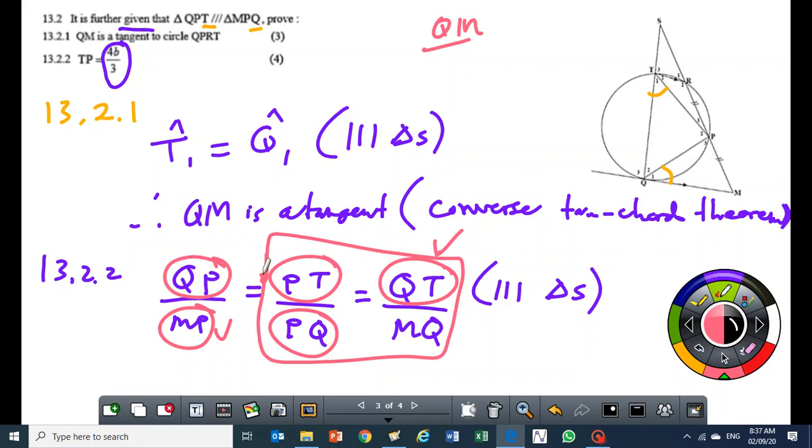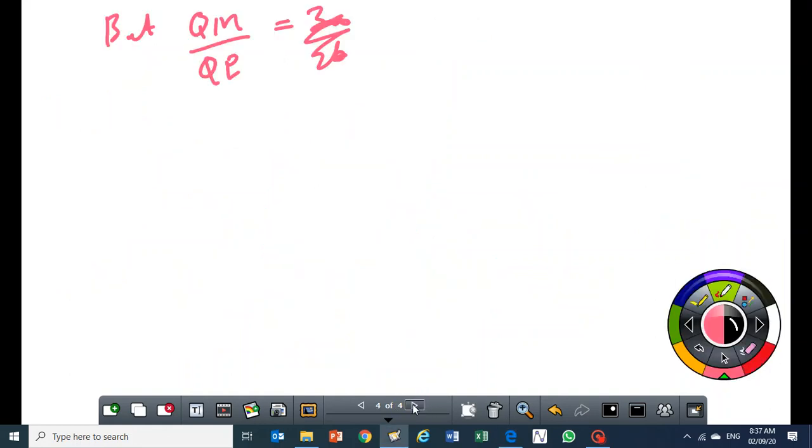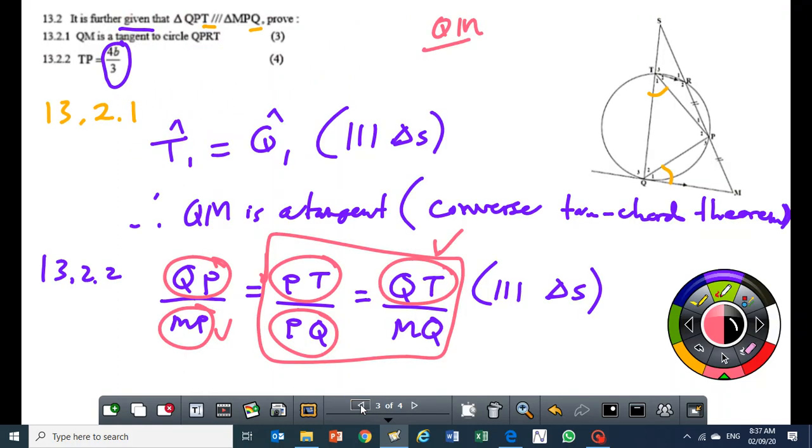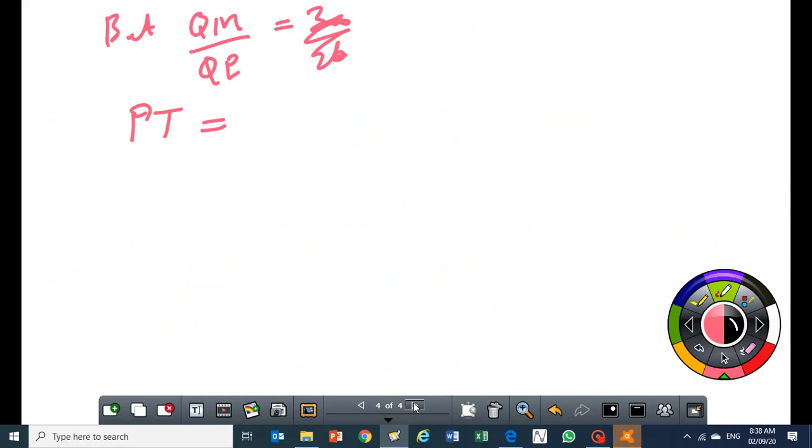So I'm going to move on to the next page and I'll say PT is equal to, it's going to be equal to QT times PQ over MQ. Okay? So that will be PQ times QT over MQ.